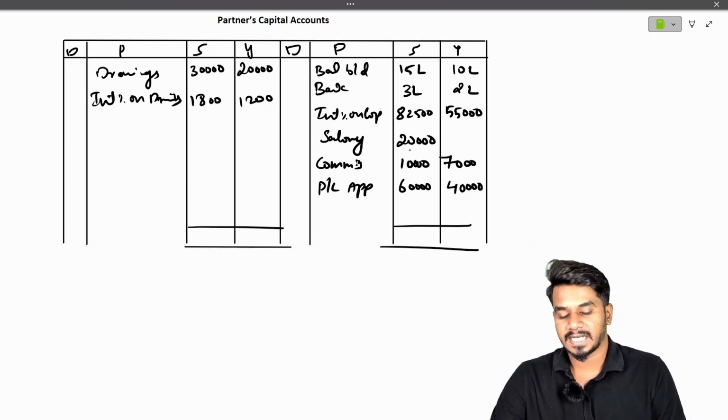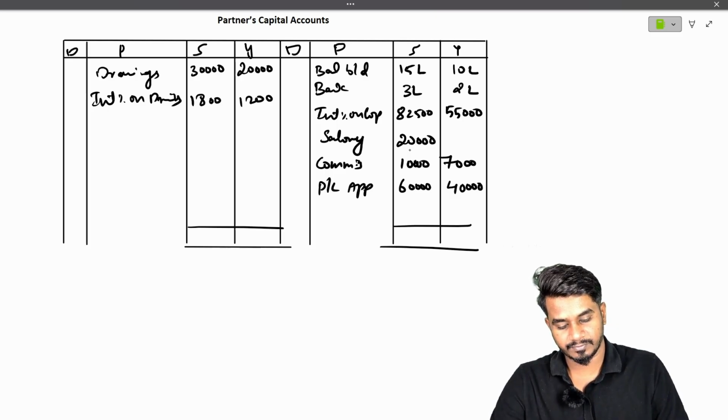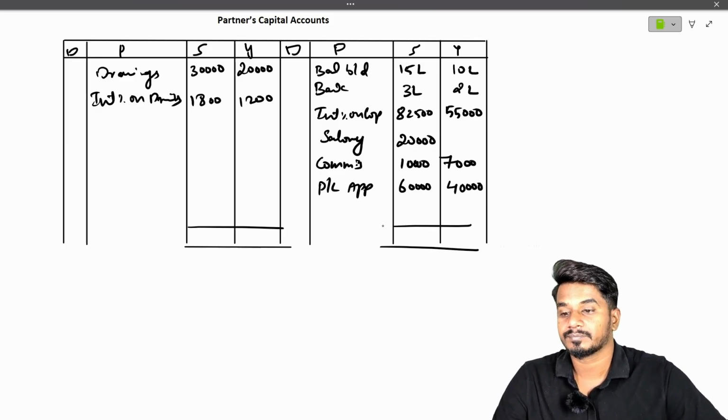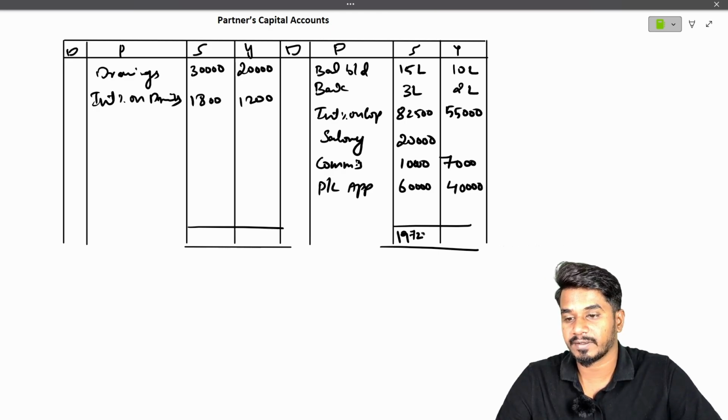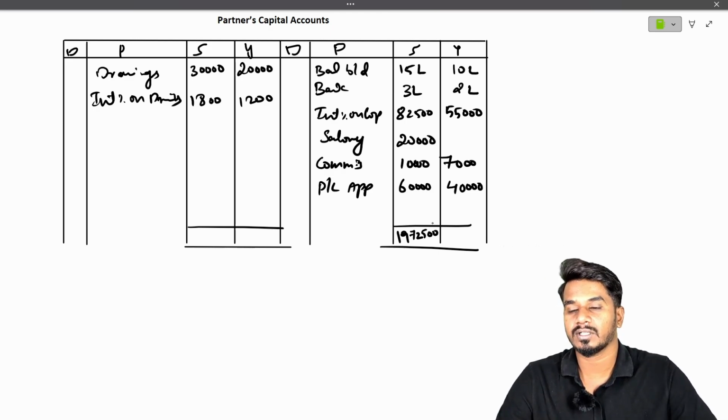So just total it and minus. For Samir: 15 lakh plus 3 lakh plus 82,500 plus 20,000, 10,000 and 60,000. 19 lakh 72,500. Understood? Yes.